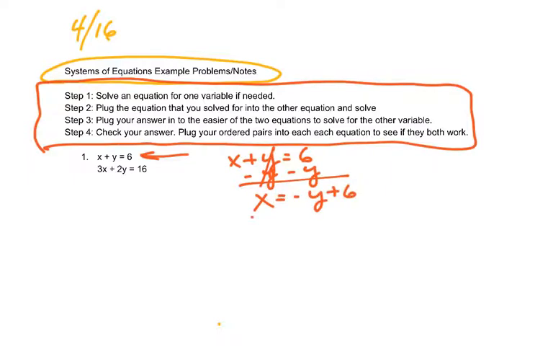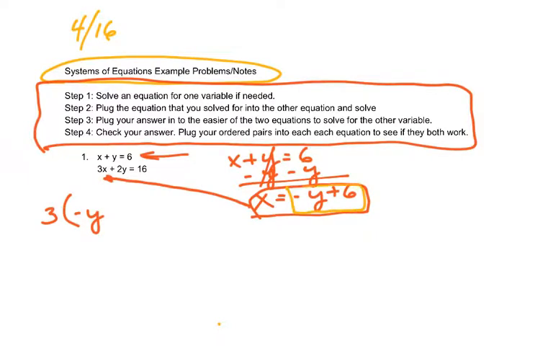Now we're going to take this and plug it back into the second equation where we see x. So we have 3 times negative y plus 6, because we're plugging in negative y plus 6 for x, plus 2y equals 16.